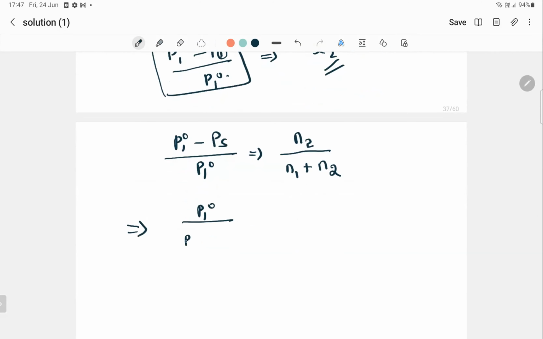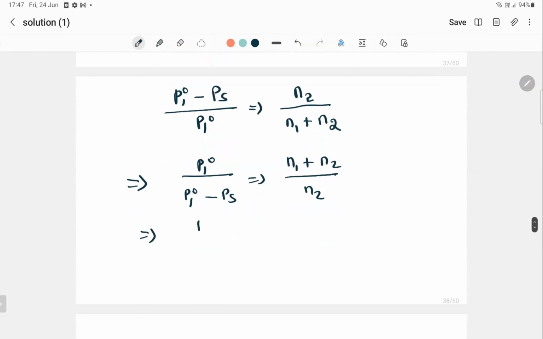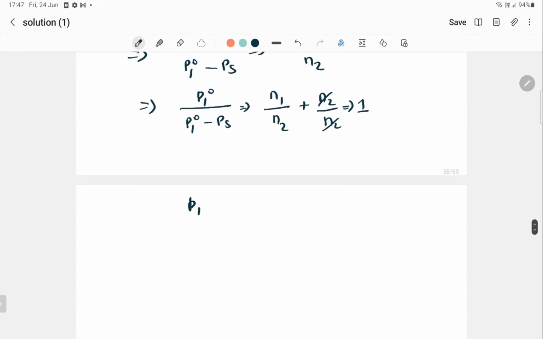P1 naught divided by (P1 naught minus PS) is equal to (N1 plus N2) divided by N2. Clear? So now P1 naught divided by (P1 naught minus PS) is equal to N1 divided by N2 plus N2 divided by N2, so that cancels and 1 is obtained.